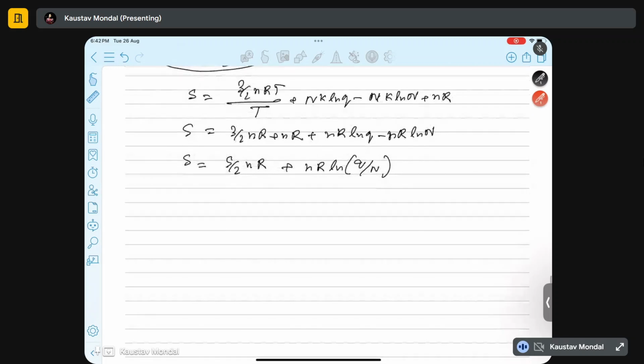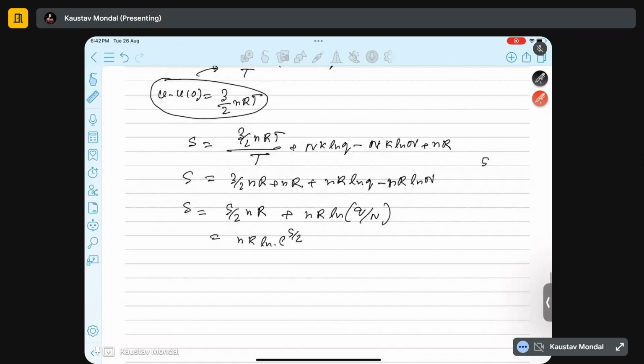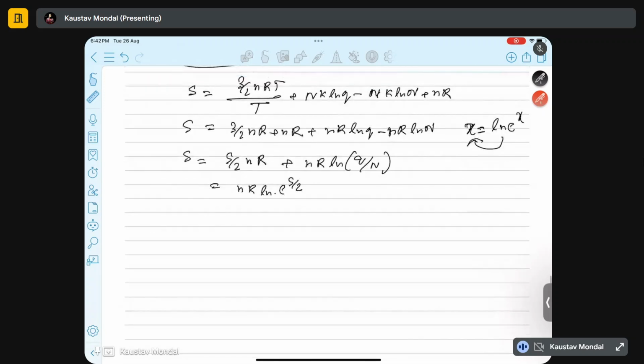Now from here, we can write this whole thing like this, nR into ln of e to the power 5 by 2. Basically, for any number x, you can write it as ln of e to the power x. This basically results to the number x. We are just doing this to make the equation in a closed form.